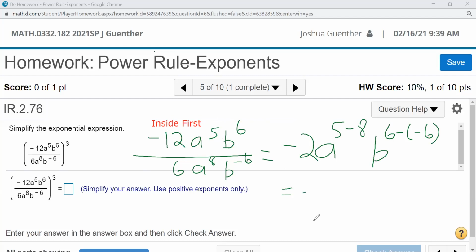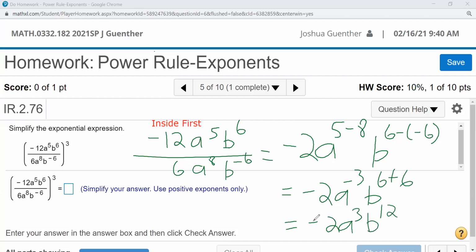So this becomes negative 2, a to the negative 3rd power, b to the 6 plus 6 power. And so this entire inside, before we raise it to the 3rd power, becomes negative 2, a to the negative 3rd, b to the 12th.